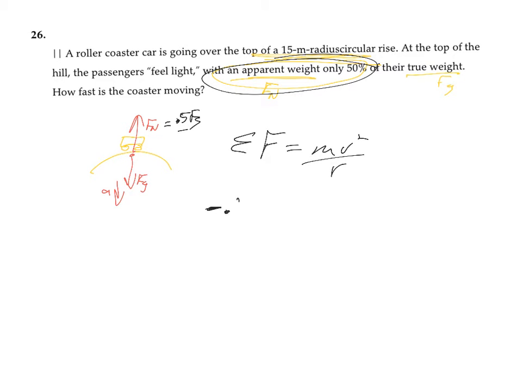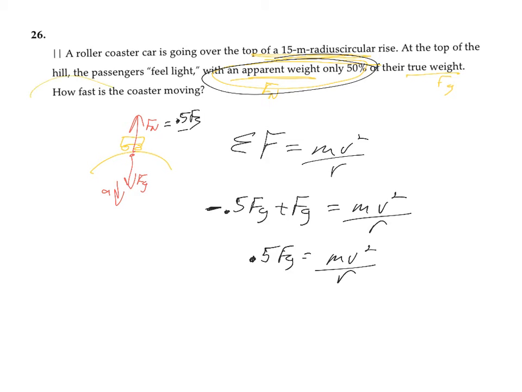So it's negative 0.5 times force gravity plus force gravity equals mv squared over r. If I have a negative half of gravity and a positive 1, I subtract a half off and I get 0.5 force of gravity equals mv squared over r.